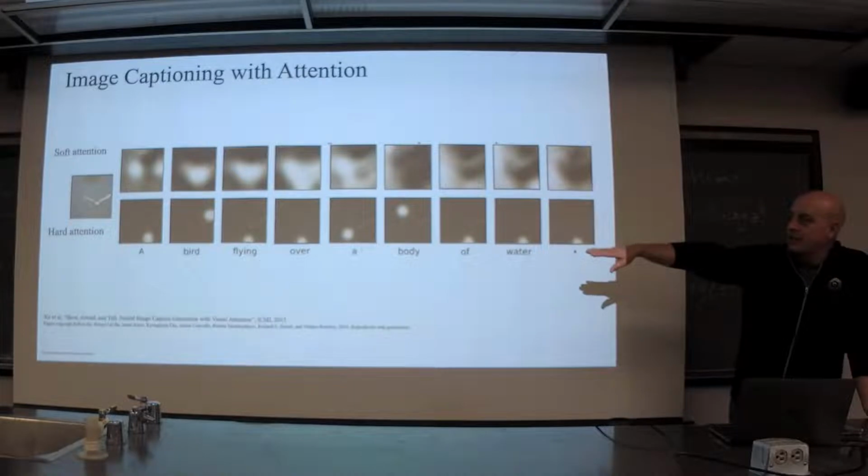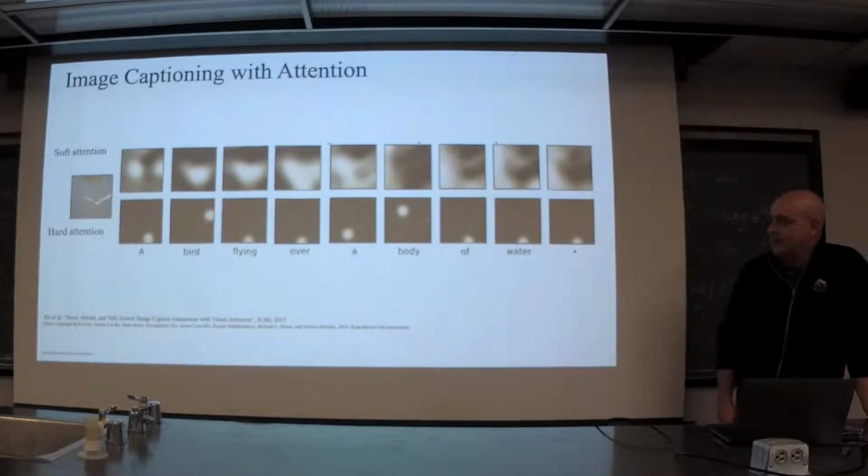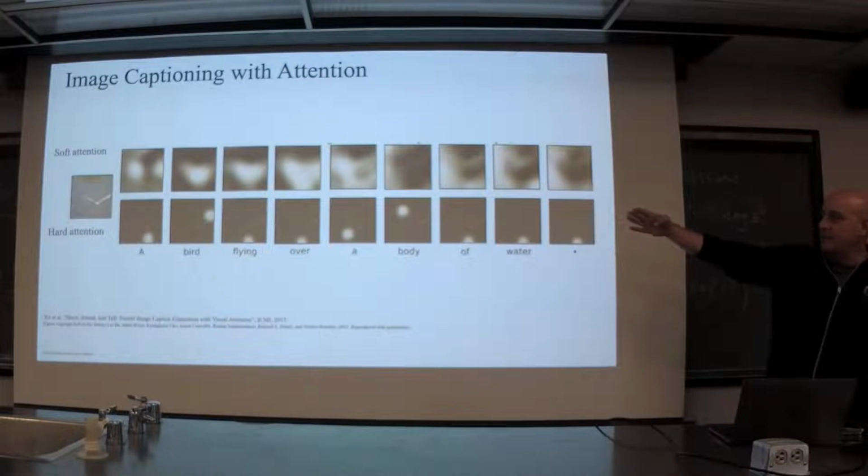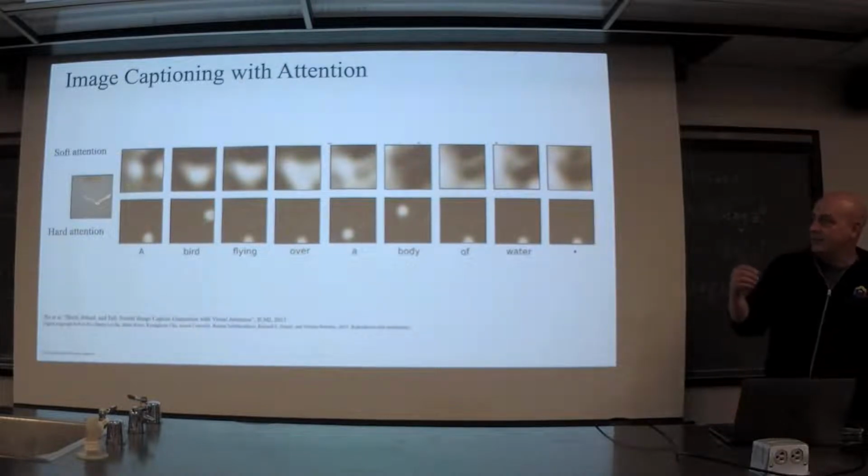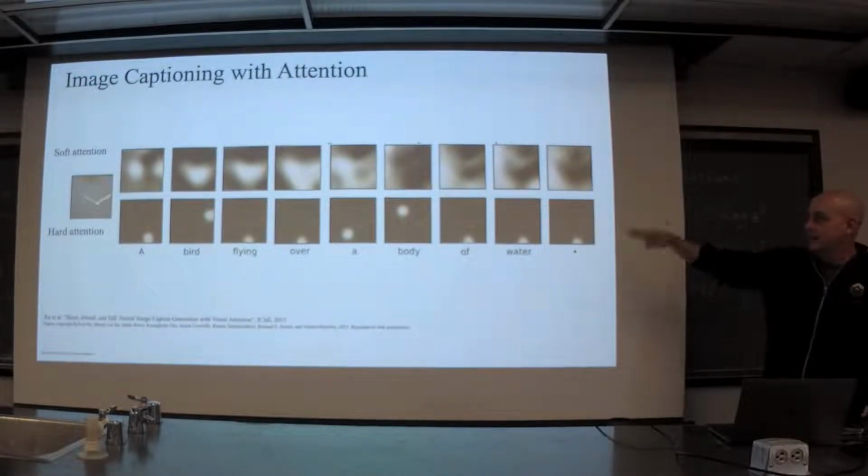But if you look at that, you can see what are the pixels for the article A? Well, I don't know, it doesn't seem to be focused on much of anything other than, like, not the bird. But especially for soft attention, the pixels are surrounding the bird body and its wings seem to be highlighted. When it's flying, it seems to be the same pixels, maybe even a little bit more.